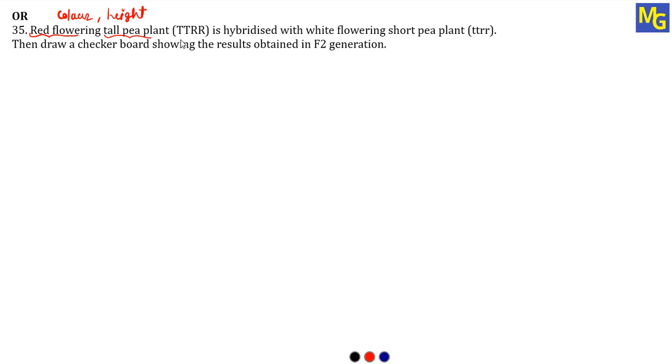So tall is denoted by capital T, red is denoted by capital R, and this is homozygous because both are capital. Pure plant it is. Tall and red color both are dominant. It is hybridized with white and short. White and short.